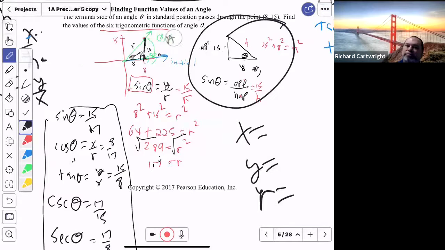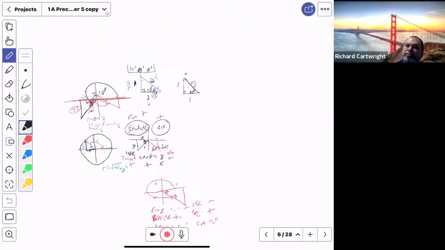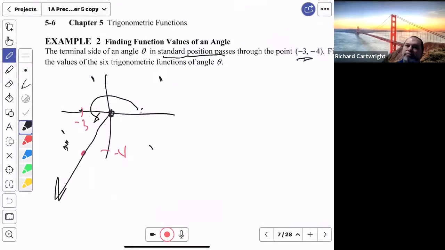Everything should be positive. Yep, they're all positive. And it should be. Okay? Because all means everything.